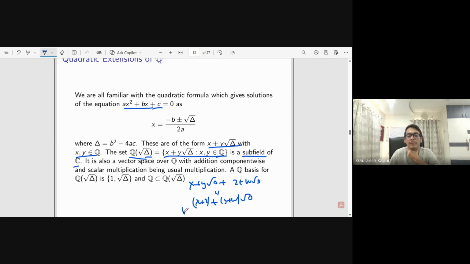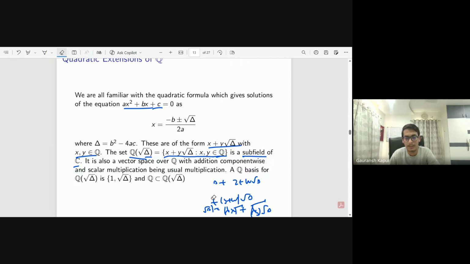And scalar multiplication works like this: if you have lambda in Q and you multiply, you get lambda x plus lambda y root delta. This is rational, so you land in that. And all of these are well distributed, so they satisfy the axioms of a vector space. A Q basis of this would be 1, root delta, and Q is contained in this. So as a vector space over Q, the dimension of this set is 2.